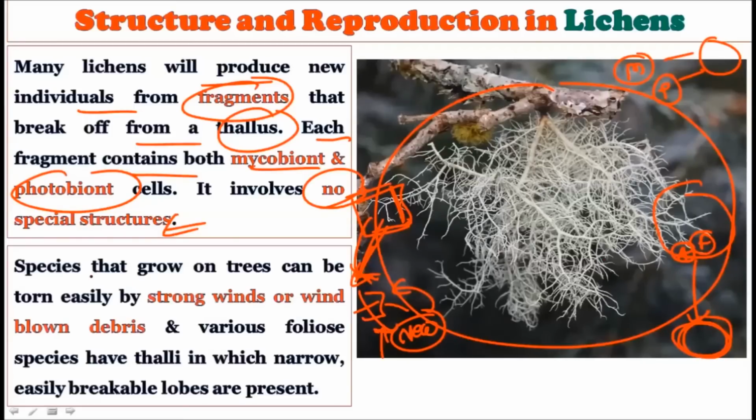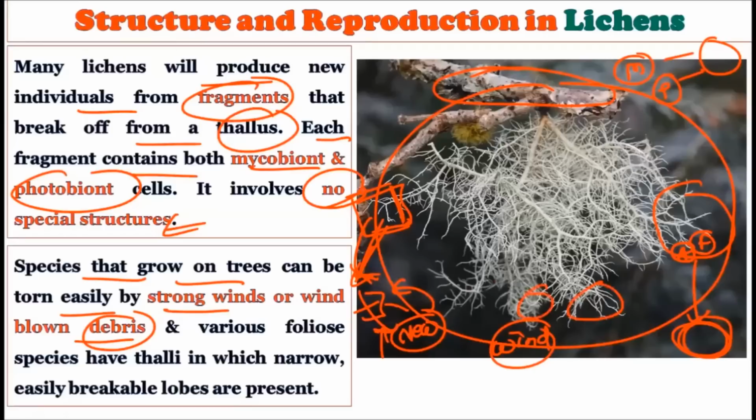See, the species that grow on trees can often be torn easily by strong winds or blown debris. Observe this lichen growing on this tree branch: whenever there is a strong wind, these lichens tend to break off their aerial parts. All these broken aerial parts land on a particular habitat, and when they land there, they grow into new thalli.